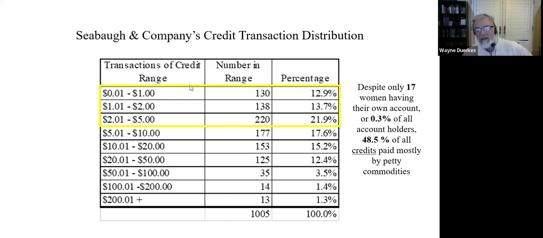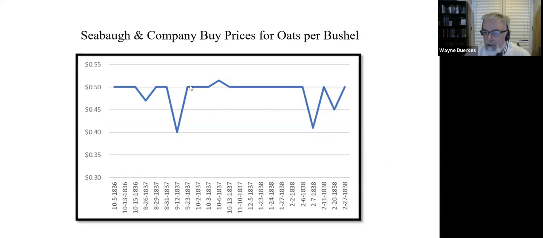Other stuff that can be ascertained from some of this, and I only gave one example here, is you can trend out buy prices. So for, in this case, oats per bushel. If you looked at what he was paying for oats throughout the time frame, you can kind of see that he was hovering around that 50 cents per bushel aspect, and you could compare that to what was happening in Chicago and St. Louis.